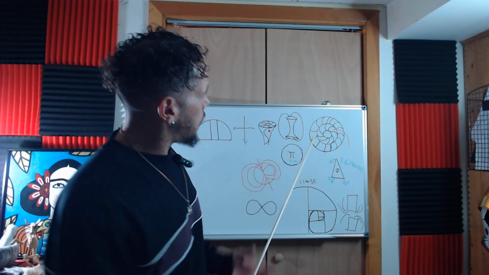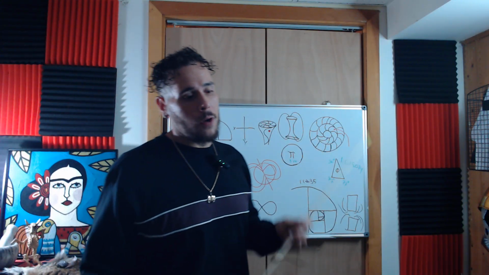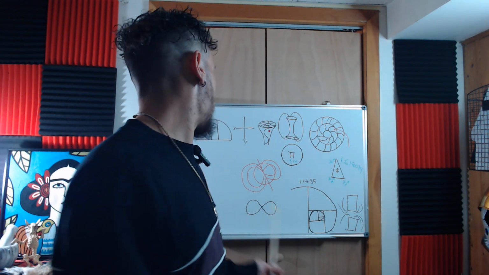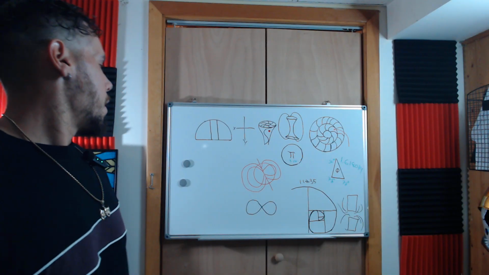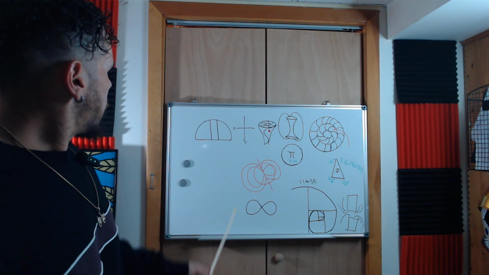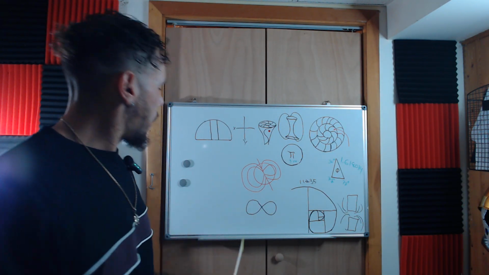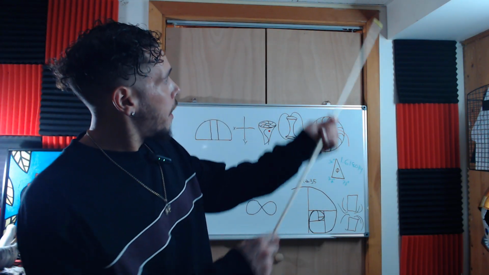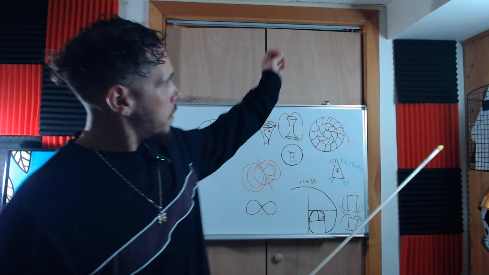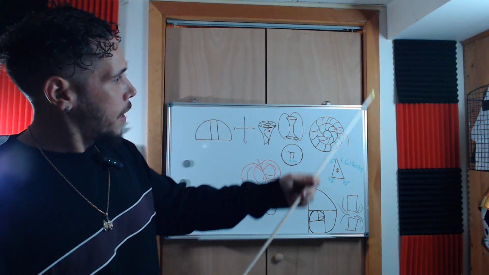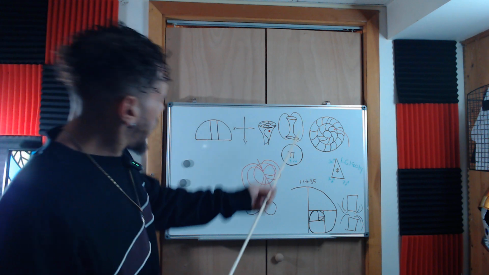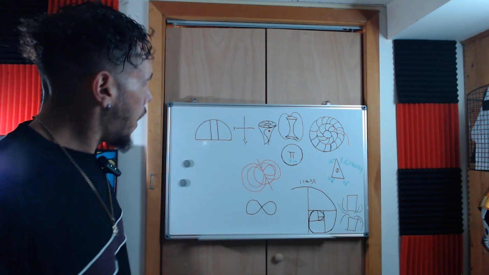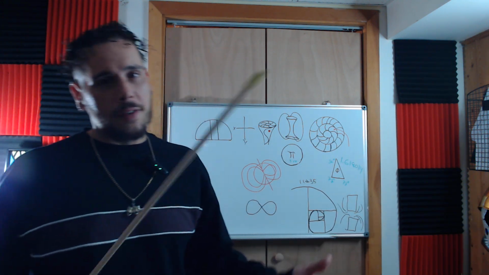Everything in creation follows this pattern, as above, so below. Okay, everything in creation. And if you look, everything I'm showing you, okay, look at the infinity symbol. If you've ever seen the sun in the sky, and it shows you the pictures of all the suns taken each month, and it does the infinity symbol in the sky. Everything seems to follow this natural pattern.